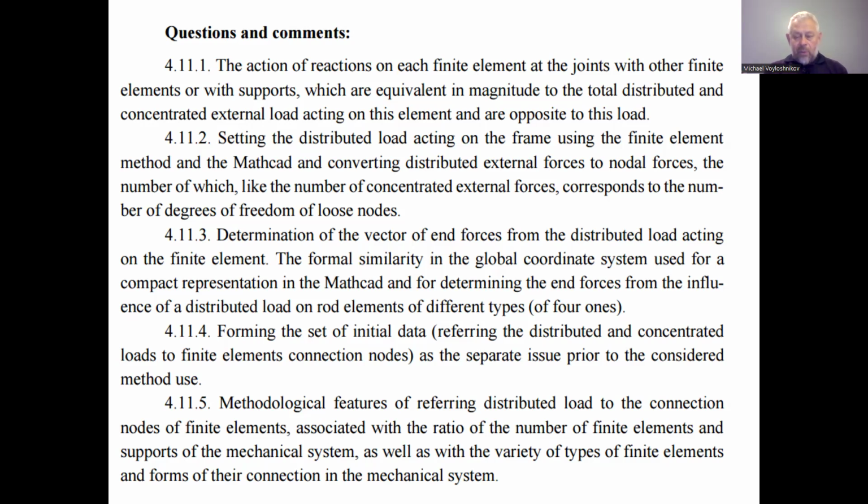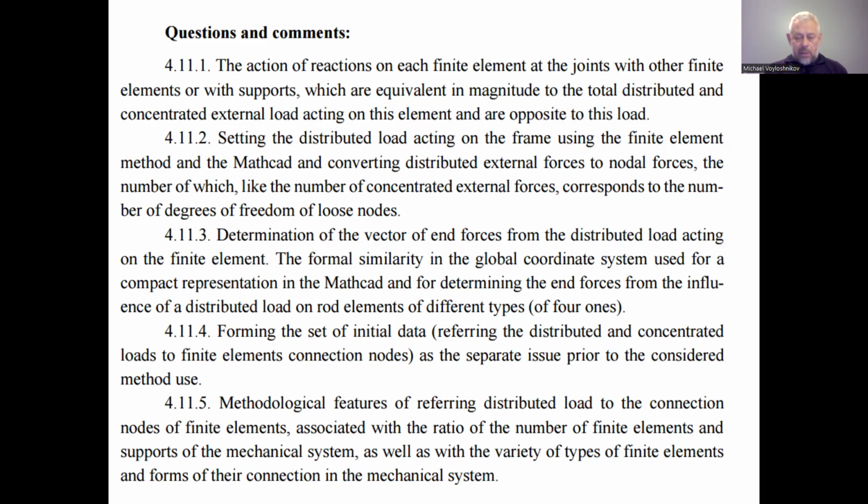The end forces in the finite element depend on the availability of distributed load acting on each finite element or the absence of the load. If the distributed load is absent, it is of zero magnitude.